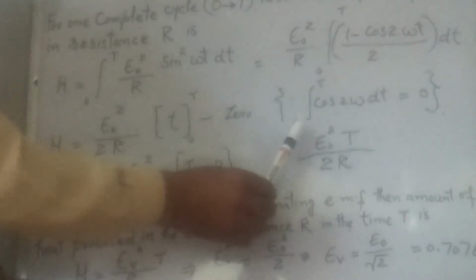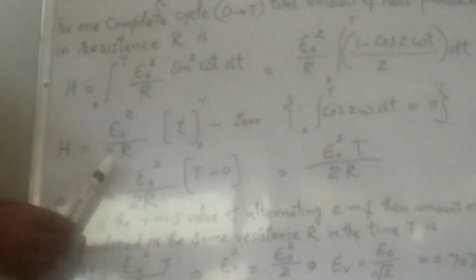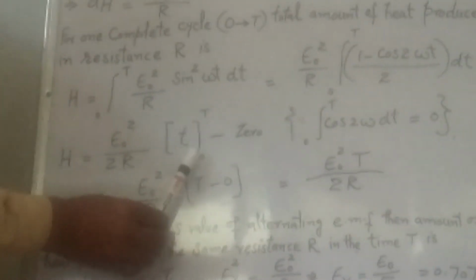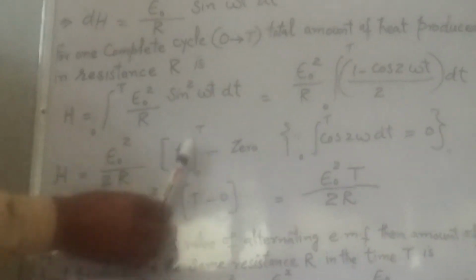Then integrating this cos twice omega t dt between limits 0 to t is equal to 0. Here only the integral of 1 remains. We will get H equal to E0 square by 2R, the 2 constant coming out of the integral, and the integral of dt with limits of t between 0 to t.